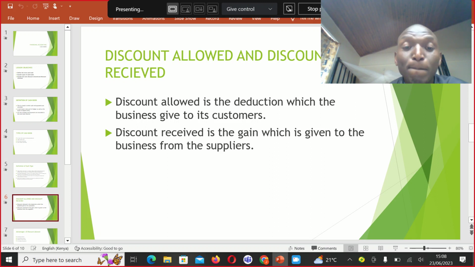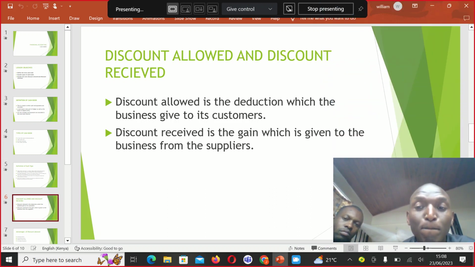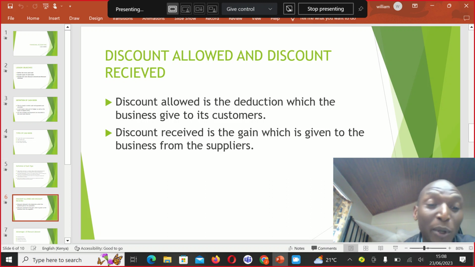A single column cash book is called that because it contains only one column for recording cash receipts and payments. A 2-column cash book consists of 2 columns. Okay, so we are in discount allowed and discount received.